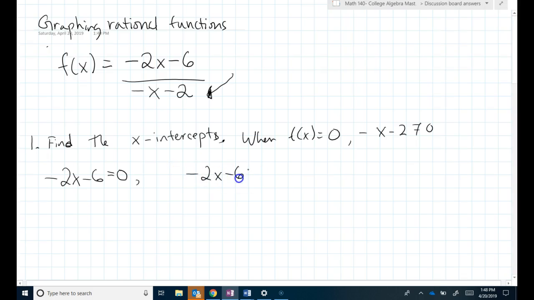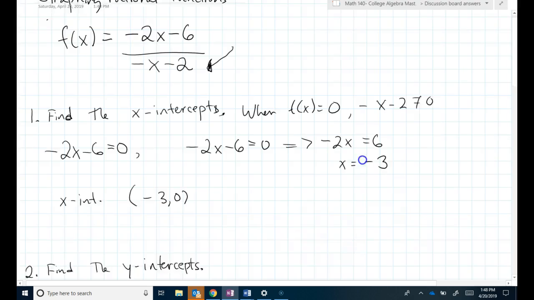Negative 2x minus 6 equals 0. This gives me that negative 2x equals 6, so x equals negative 3. So my x-intercept is going to be at negative 3, 0.